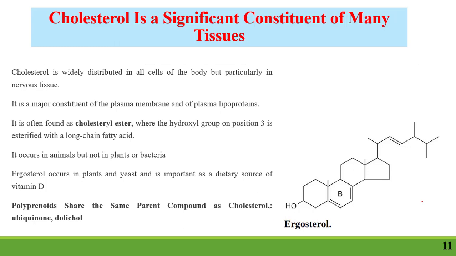It occurs in animals but not in plants or bacteria, and ergosterol occurs in plants and yeast, and it's important as a dietary source of vitamin D. Polyprenoids share the same parent compound as cholesterol, like ubiquinone and the like.